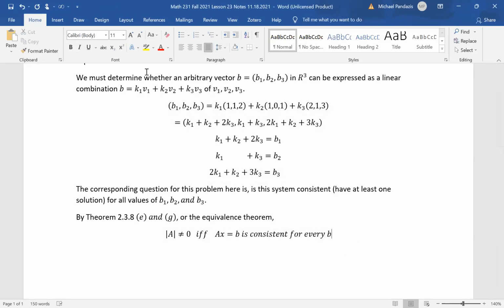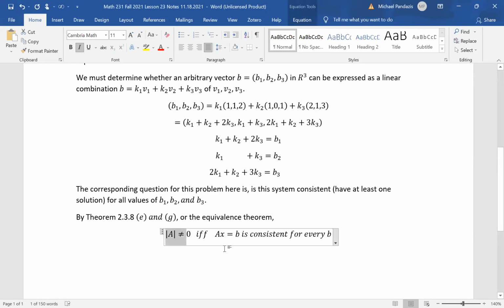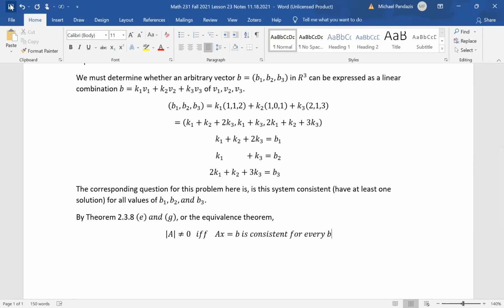Okay, so by the equivalence theorem, you have the determinant is non-zero if and only if AX equals B is consistent for every B.